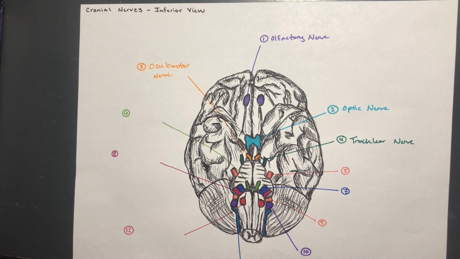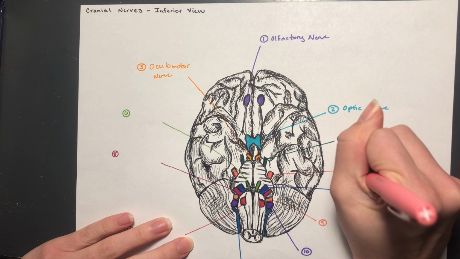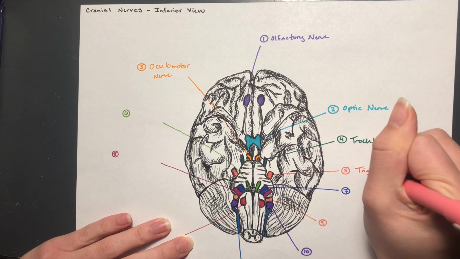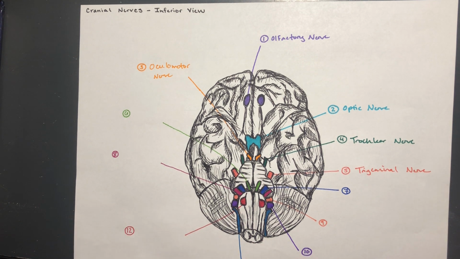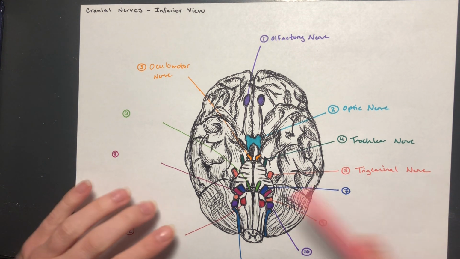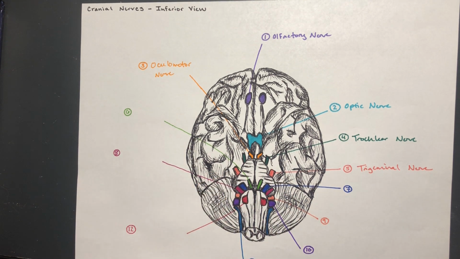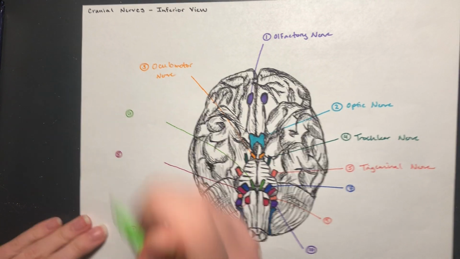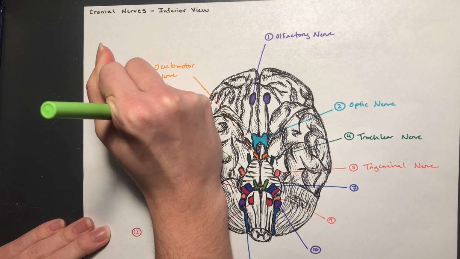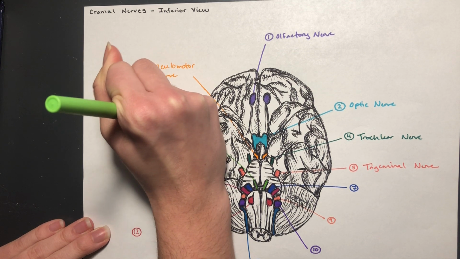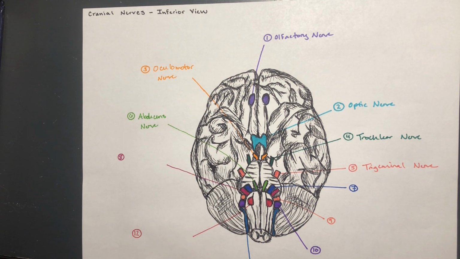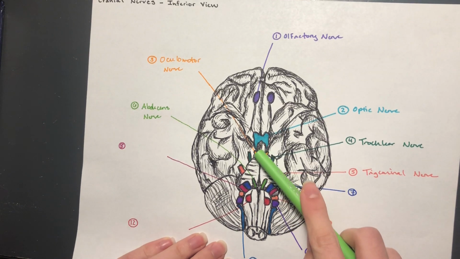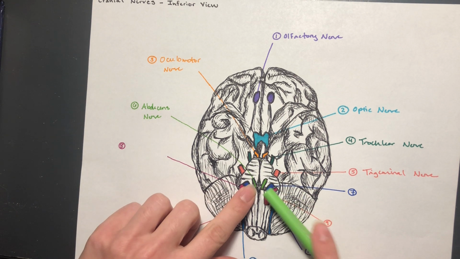Next, we have the trigeminal nerve, and it is involved in controlling muscles involved in chewing, and you can see it right here and here. Sixth, we have the abducens nerve, which also controls eye movement. It's located a little farther down, closer to the brainstem here.